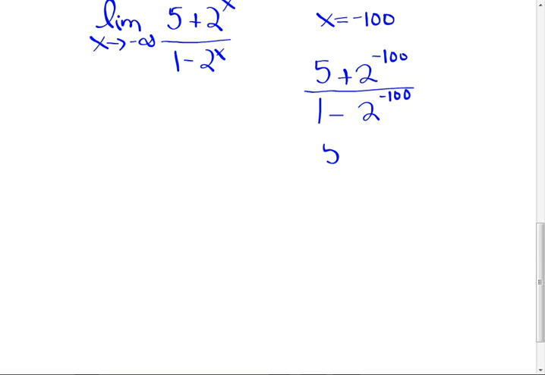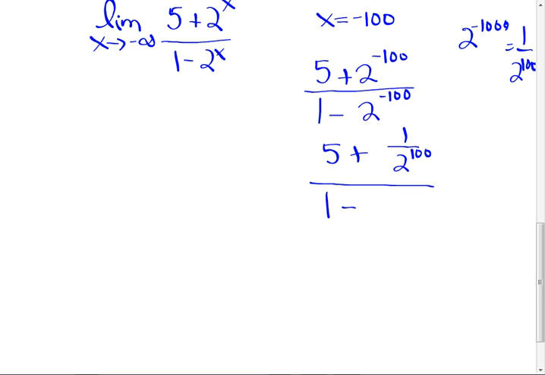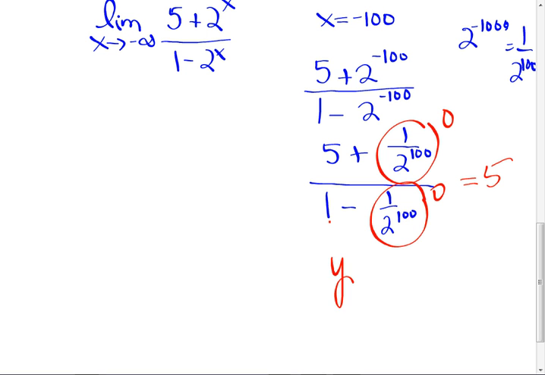It's a reciprocal. 2 to the negative 100 means 1 over 2 to the 100. What happens to these guys? They're 0. So what's the horizontal asymptote? 5. That is answer E.